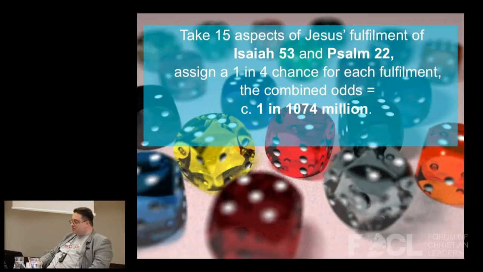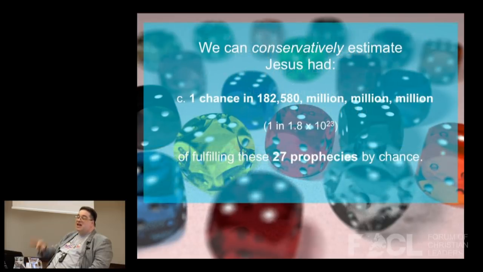So we can, and I emphasize, conservatively estimate that Jesus had 1 chance in 182,580 million. That's 1 in 1.8 times 10 to the power of 23 of fulfilling just 27 Old Testament messianic prophecies by chance.